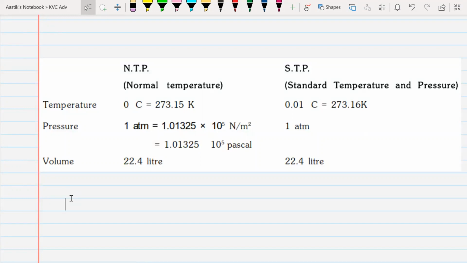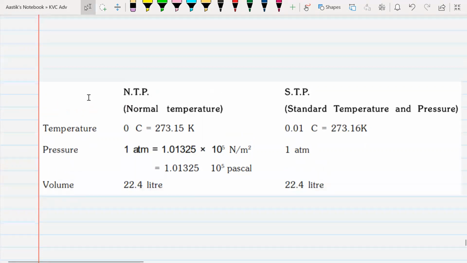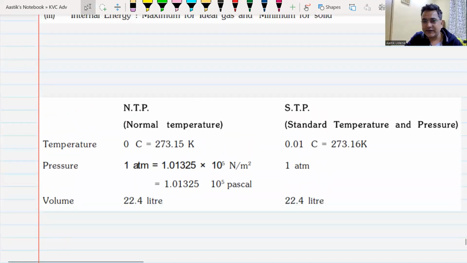Normal temperature and pressure is 0 degrees Celsius, which is 273.15 Kelvin. Standard temperature and pressure is slightly different. I hope you know this. Yes or no? There's a slight difference in temperature, but in chemistry, I don't think whether you understand it or you take NTP or STP as the same. Every gas will occupy 22.4 liters at STP and NTP. We know this. Yes or no? Yes. You can note this down.